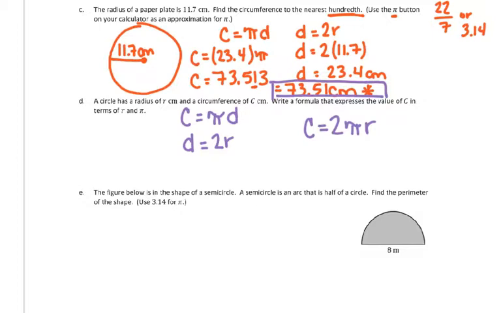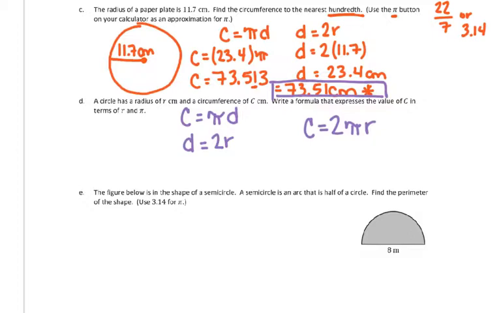So we can represent the circumference as 2 pi r. For example, if we're given the radius, instead of finding the diameter before we find the circumference, we can just go ahead and find the circumference by multiplying 2 by pi by the radius. So we're actually going to look at an example of that in just a moment.